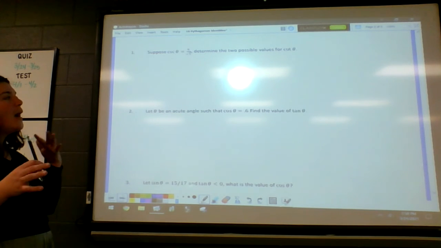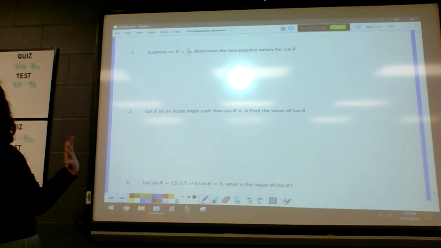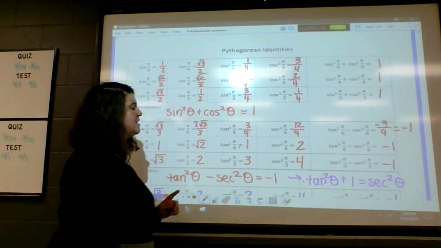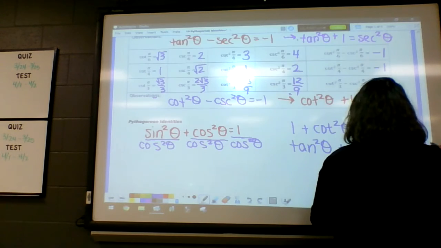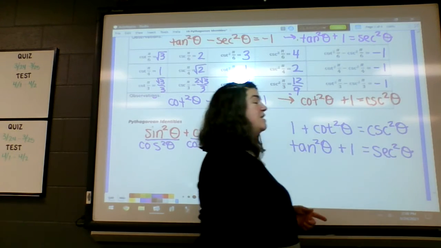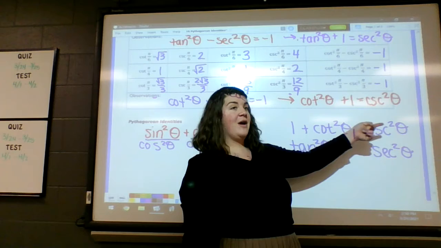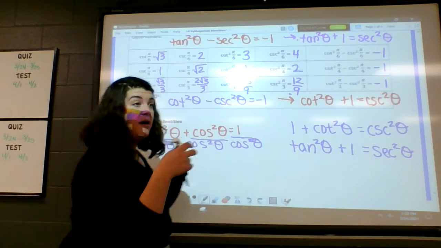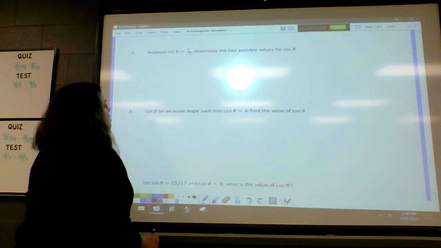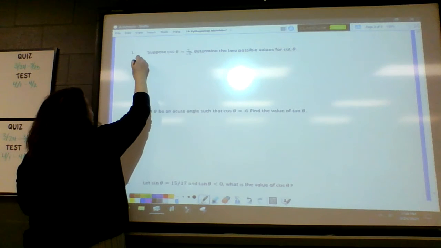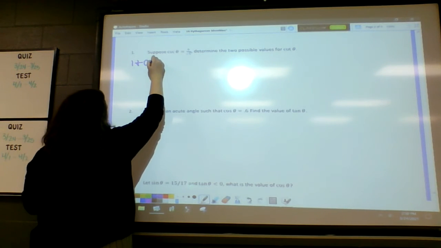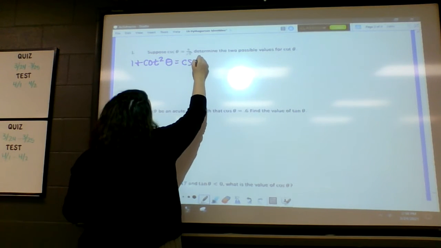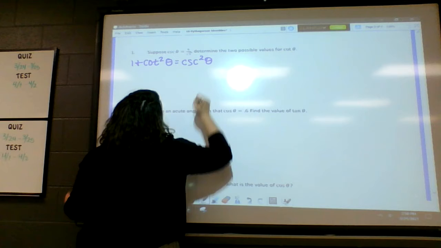So there's going to be two options here, and we're going to use a Pythagorean identity to help us do the solving. If you go back to your Pythagorean identities, only one of them has cosecant and cotangent, and that's this one. So we're going to use this identity as essentially a formula to figure out this cotangent. So it was 1 plus the cotangent squared of theta is equal to the cosecant squared of theta.